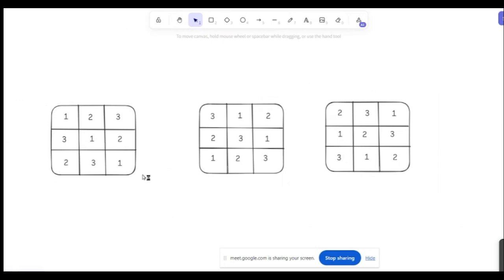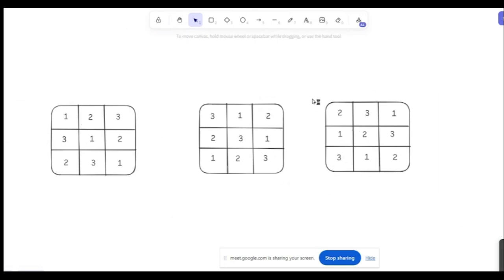But for the diagonal sum, only the right diagonals have a similar sum, but not the left diagonal. And we can see that the left diagonal has similar elements.